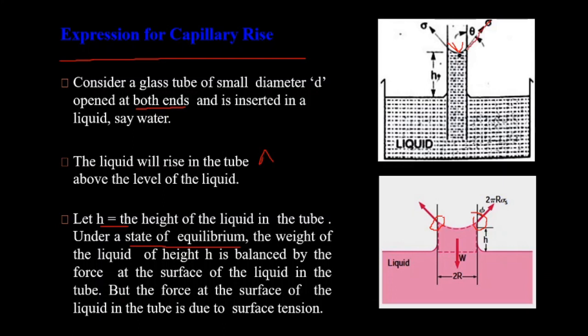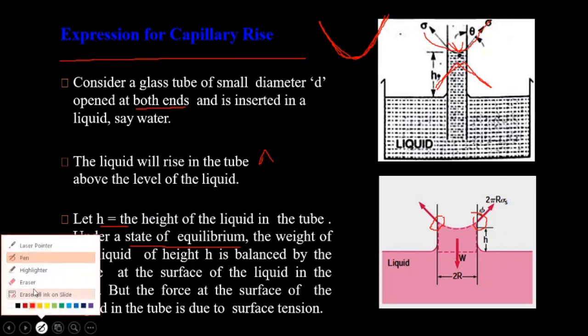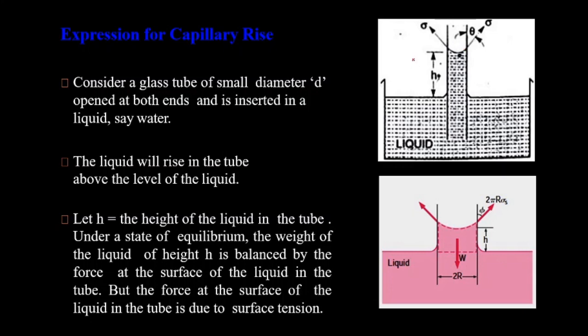So this sigma is, so this is meniscus. This is called as meniscus. Okay, for water it will form like this meniscus, and if you take the mercury it will form like this meniscus. Okay, so see this meniscus.